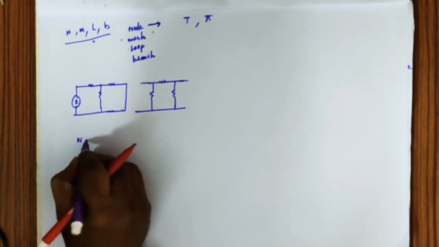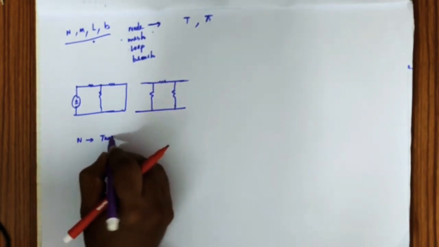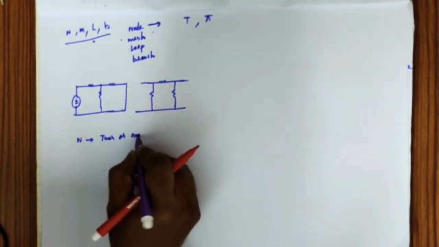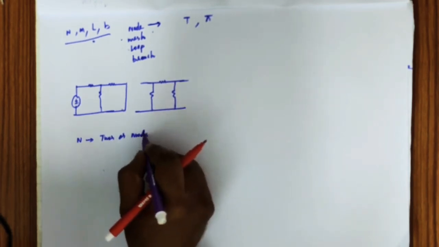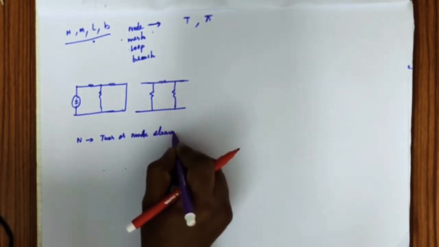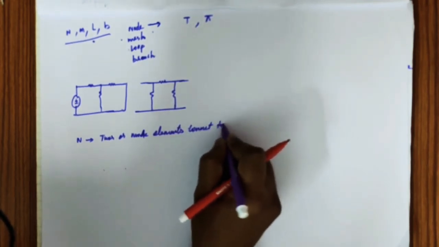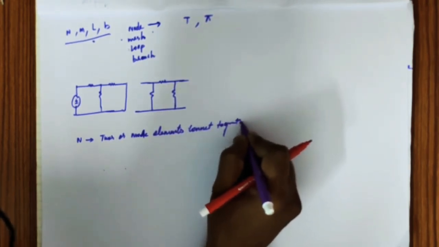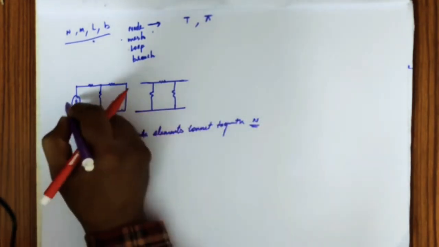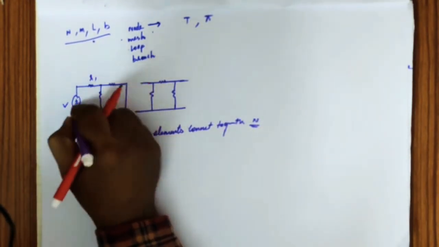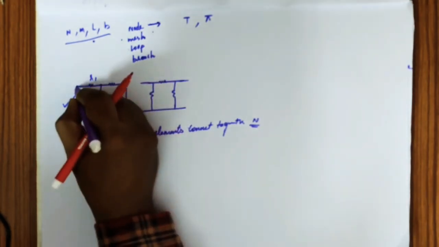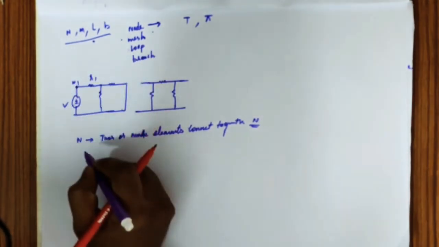So node means two or more elements connected together forms a node. Here this voltage source and resistor are connected by one connection, and we'll name it node 1.